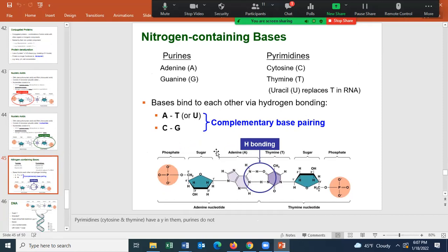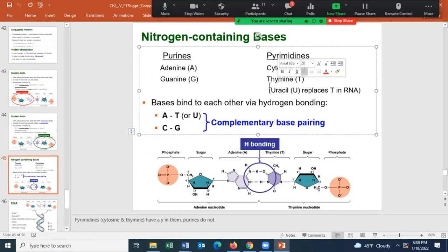DNA has the purines adenine and guanine, and you can remember these as adenine or A, or guanine or G. The pyrimidines are cytosine in DNA and thymine or T. An easy way to remember a pyrimidine from a purine is the word pyrimidine has a Y in it, and cytosine and thymine have Y's in the name.